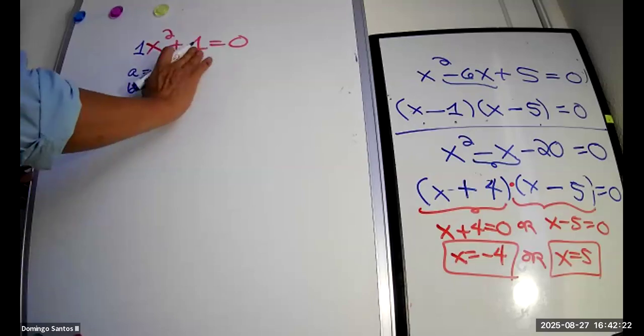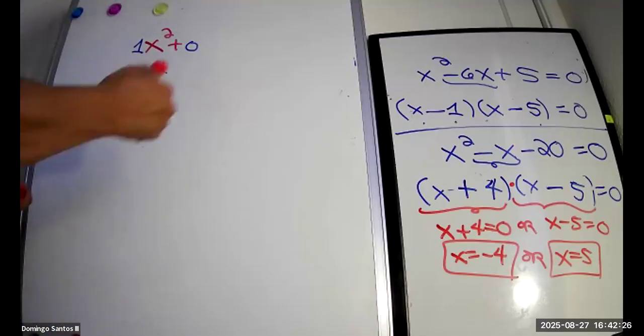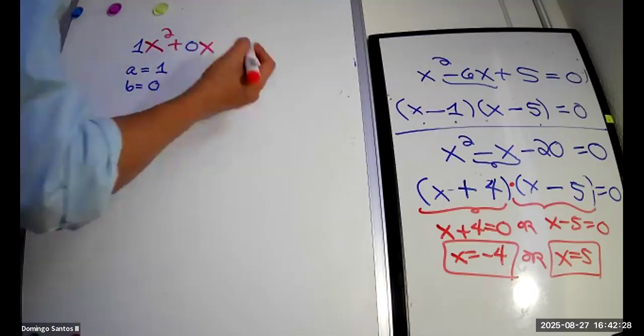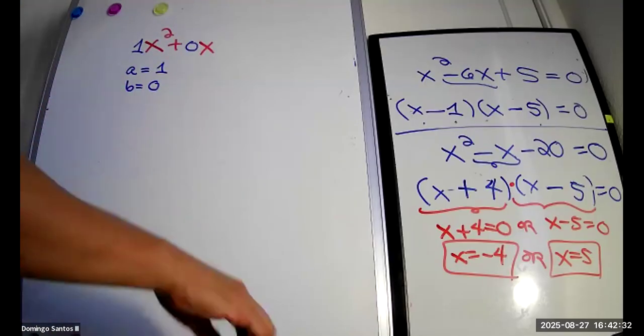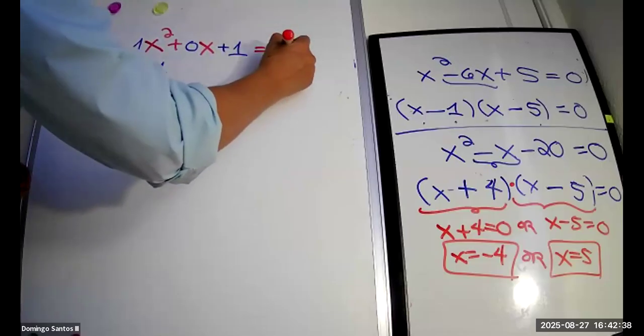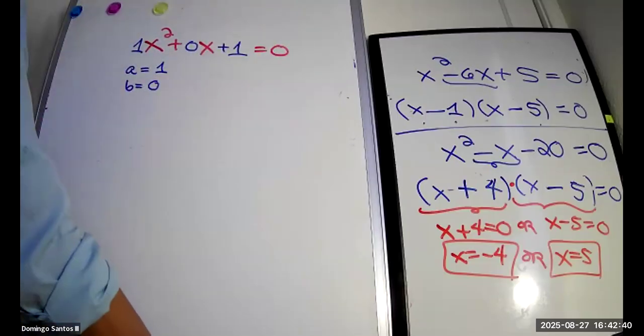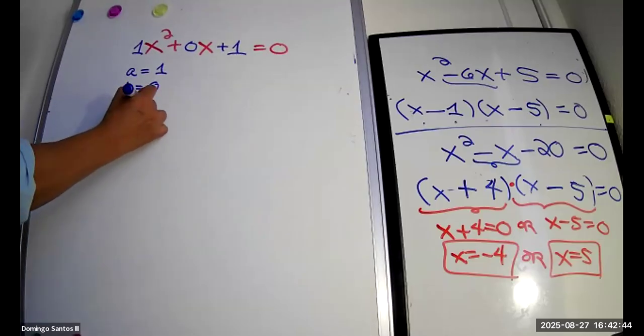0. 0, because it's like this, class. That is 0x, if you may. Okay, I'll write it down so you would see. 0x. What was the problem? Plus 1, right? Yes. Okay, plus 1 equals 0. I'm changing the colors so you would see. And what is C then? 1. Okay.